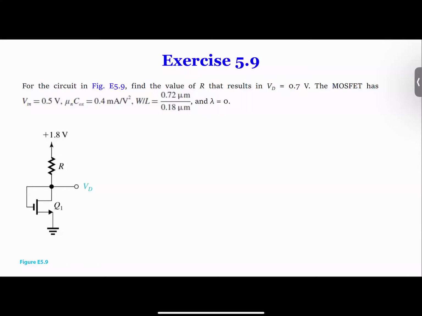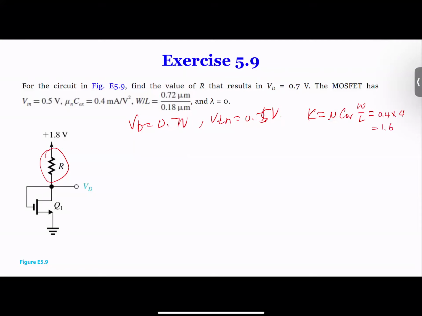Consider the circuit like here. This circuit is actually the same circuit that we had on the previous slide, but with a resistance connected at the drain. We want VD to be 0.7 volts, and VTN is 0.5 volts. mu Cox is given, so basically K is mu Cox W over L. That gives you 0.4 times 4, right?